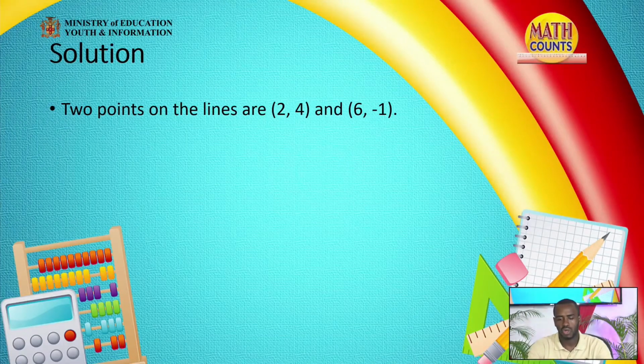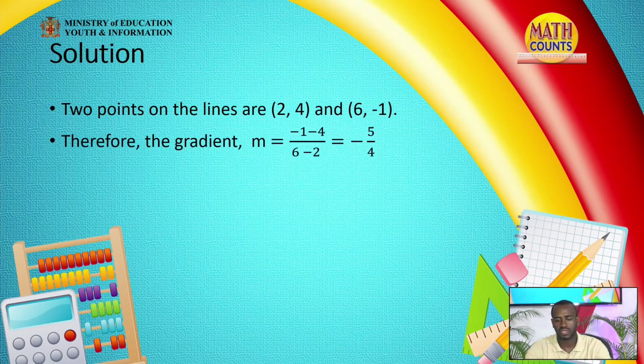Therefore, your vertical change is written as -1 minus 4, while your horizontal change is 6 minus 2. When you have simplified that, you will get -5/4. And that is now your gradient.